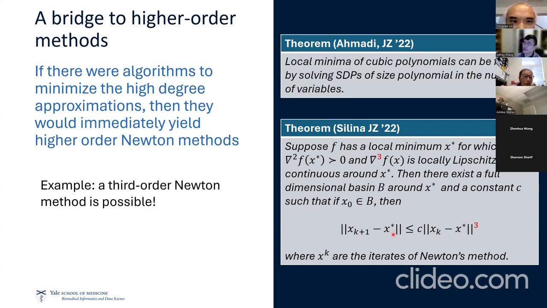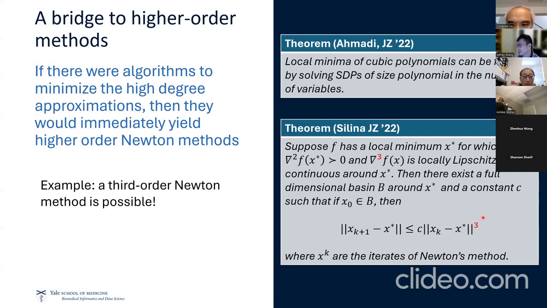Now, cubic polynomials, of course, don't actually have global minima. They're odd degree polynomials, so they will go down to minus infinity, but they can have a local minimum, and you can find it using semi-definite programming. If you implement this, you would get something really similar to regular Newton's method. If you make an algorithm that constructs the third order Taylor expansion and then moves to the next iteration using semi-definite programming, you would get a theorem like this, where you're getting a result equivalent to the quadratic convergence, except this is cubic convergence.